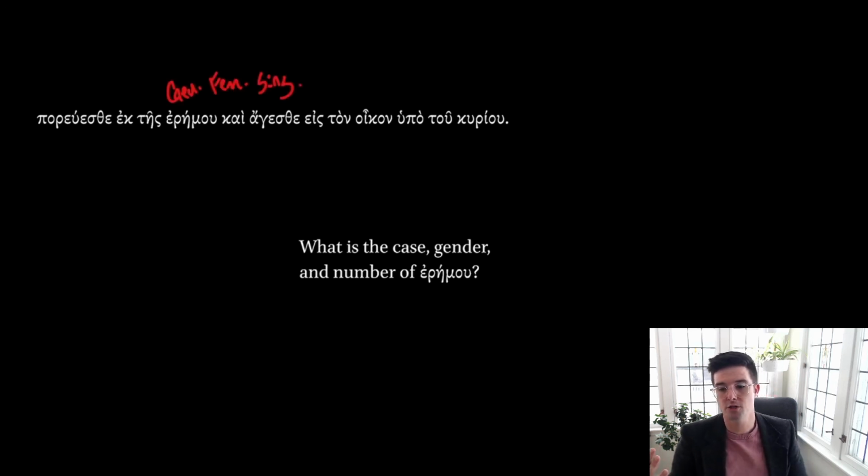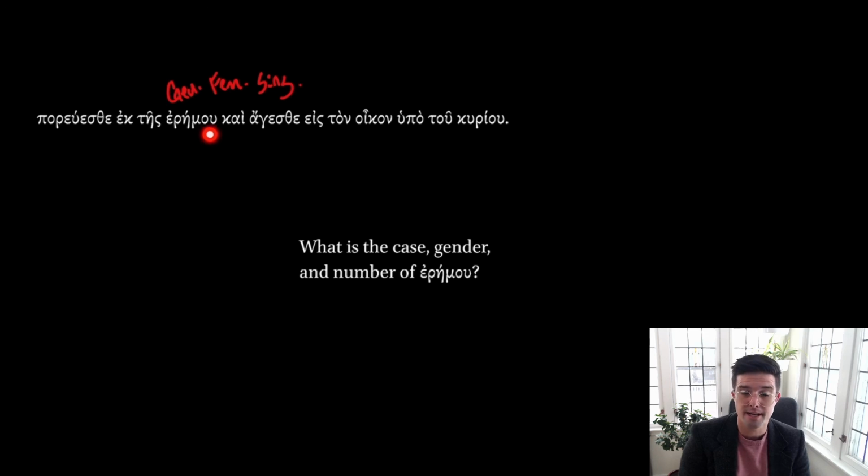So this is going to be a genitive feminine singular. Notice this word right here, the definite article tes, is going to give us our strong clue. If we know that definite article paradigm well, we can get this parsing information out there somewhat easily, despite the fact that eremu is a second declension noun.